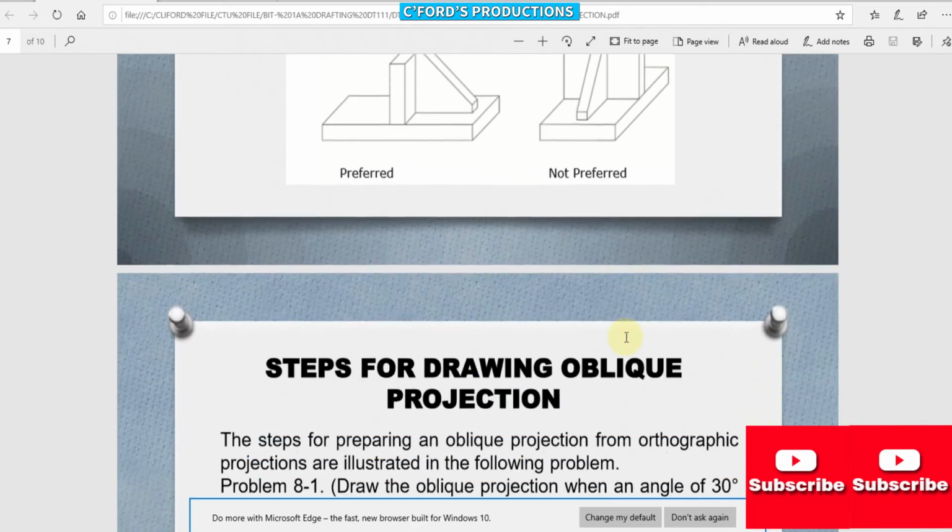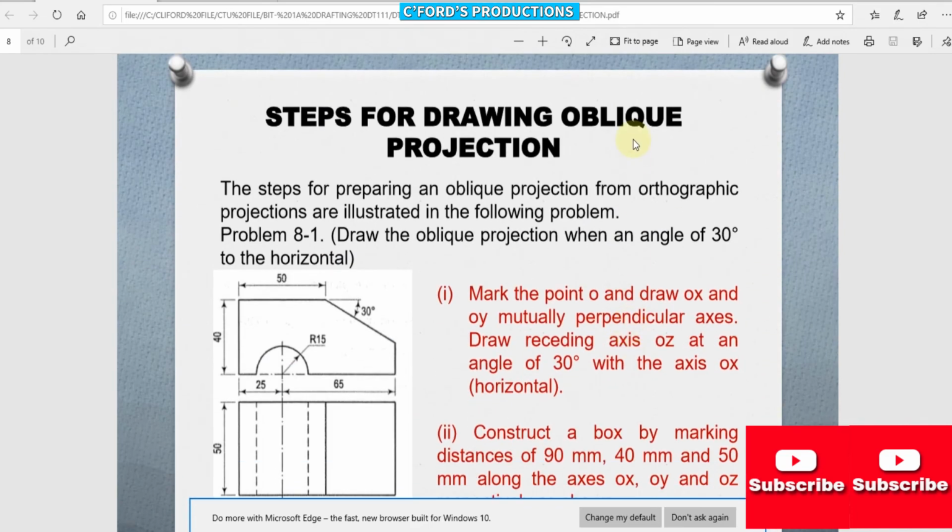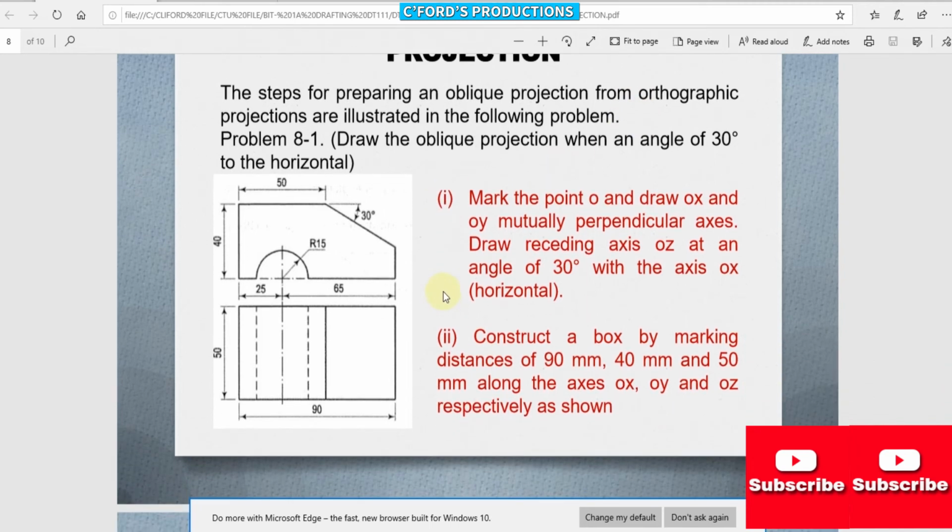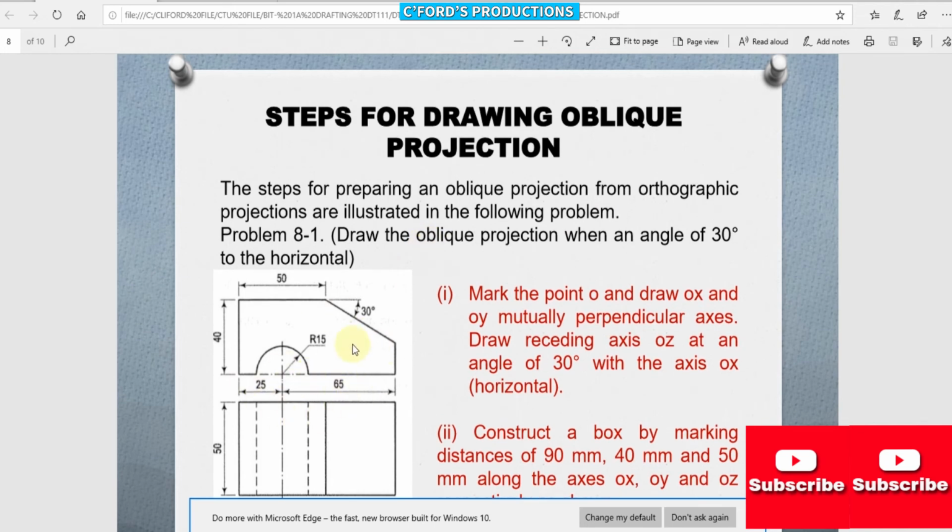Okay, so let's proceed to the steps for drawing an oblique projection. We have a problem here. So this object is a ball.